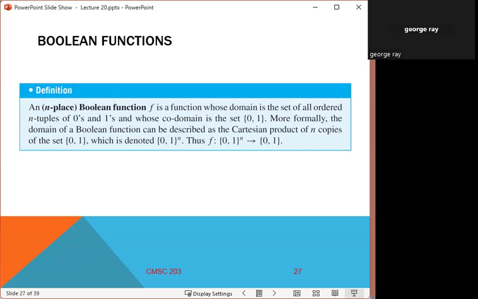So X, Y, and Z can each take on 0 or 1. What are the combinations? Well, 2 to the third or 8. And then we look at each of the combinations of those, and that would be a 3-place Boolean function, and we'd have triples that we're dealing with. But it could be up to n. We could have as many variables in our Boolean function as a problem dictates.